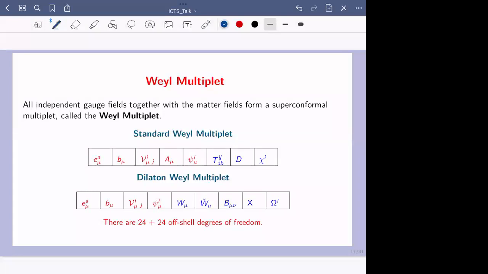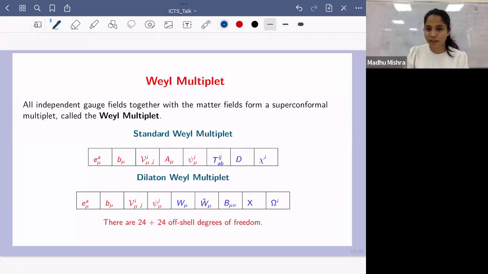So as Bindu sir pointed out, because we get the dilaton Weyl multiplet from the standard Weyl multiplet, if you look at these fields, these omega mu and these fields are part of the vector multiplet, and they will appear as auxiliary fields in the dilaton Weyl multiplet. They have dynamic degrees of freedom in the dilaton Weyl multiplet. However, in the standard Weyl multiplet, these fields were auxiliary.